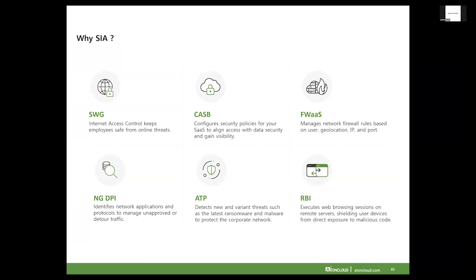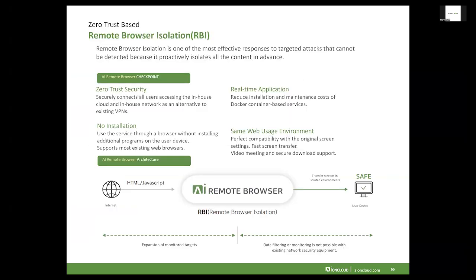Our last solution of the service is also the one that was most recently released, and that is the remote browser isolation. As stated on the slide here, remote browser isolation is one of the most effective responses to targeted attacks that cannot be detected because it proactively isolates all the content in advance.